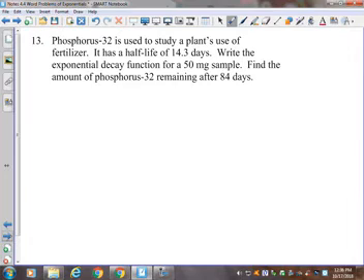All right, number 13. We're going to look at another one, because there are different ways the information can be given to you slightly. So I want to look at 3 of these, and this doesn't have the formula given to you. So we also want to look at, this is still the A, B, X power type thought, but it's A times B to the T divided by the time to half.